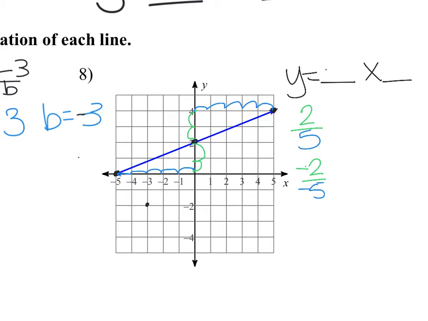Okay, negative divided by negative is positive, right? So it's the same thing. All right, so my slope is 2 over 5. And then my y-intercept is just simply where it's crossing the y-axis, so it's crossing at positive 2. Okay, so y equals 2/5 x plus 2.